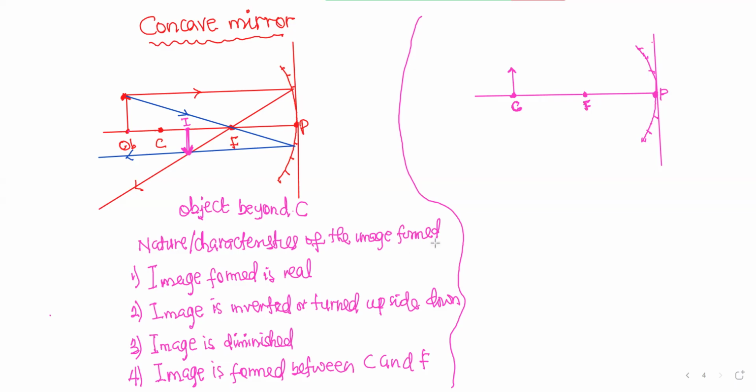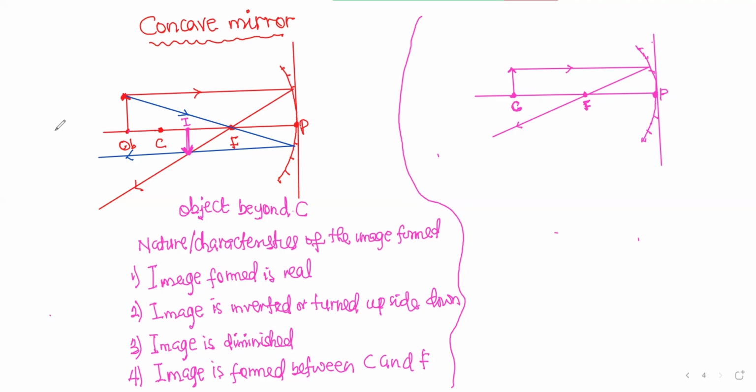Your 5 minutes time is due. So a ray of light parallel to the principal axis, after reflection, must reflect and pass through F. So this is incident, this is reflection.